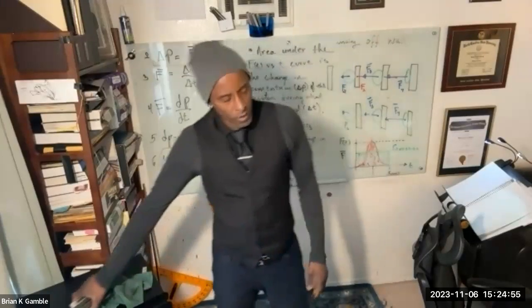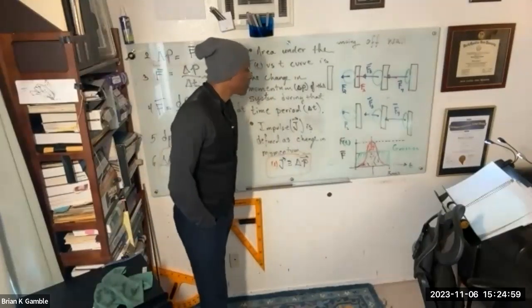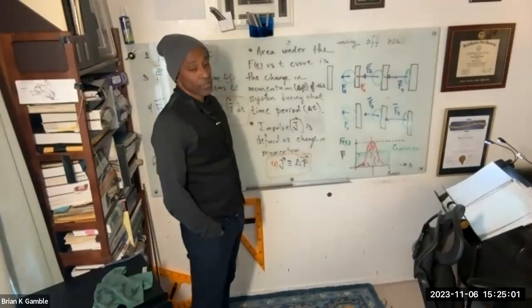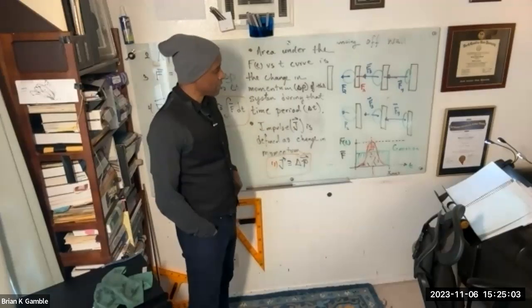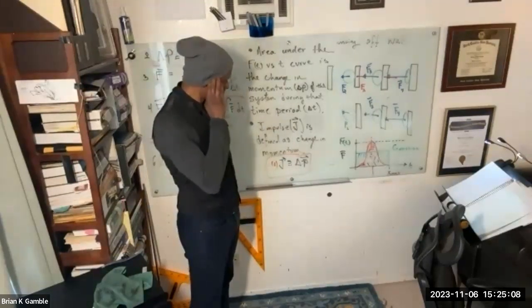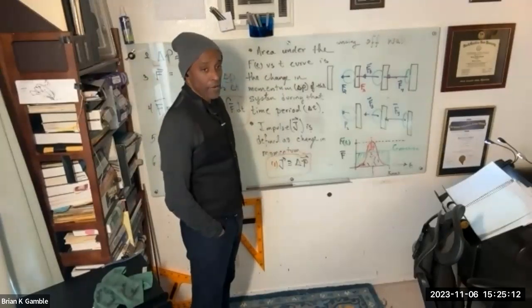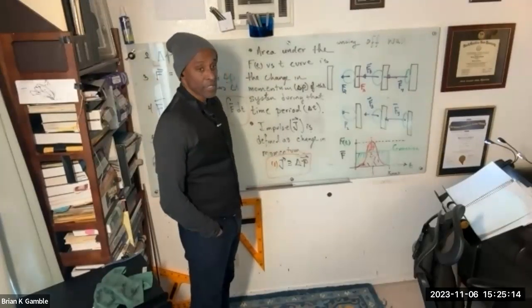Yeah. So if we assume in the ideal case that it bounces back with the same velocity that it hit, then we could certainly calculate the change in momentum, right?